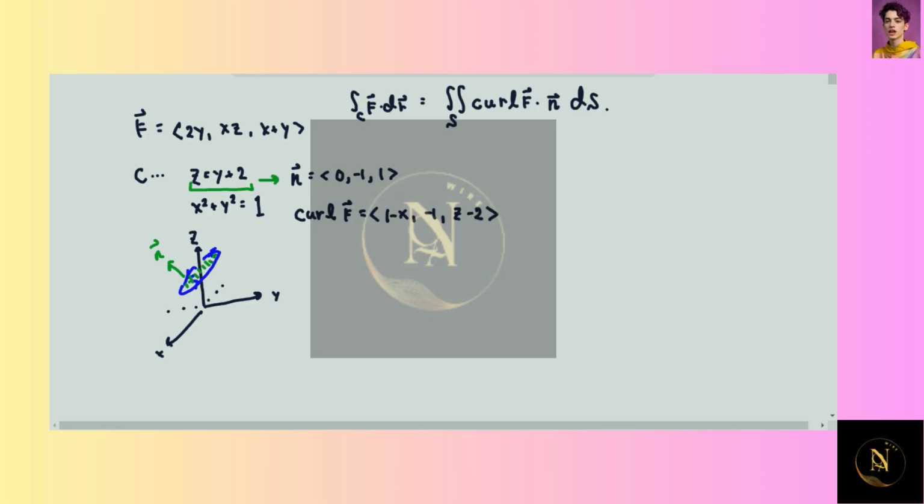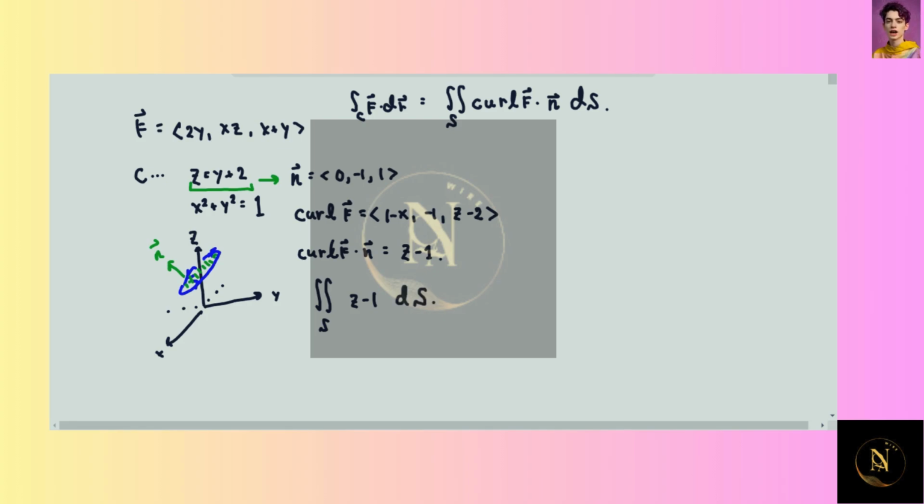Okay, so we will calculate the dot product with n. You will simplify it as z minus 1. So what we want to evaluate is the double integral over the surface S of z minus 1 dS.